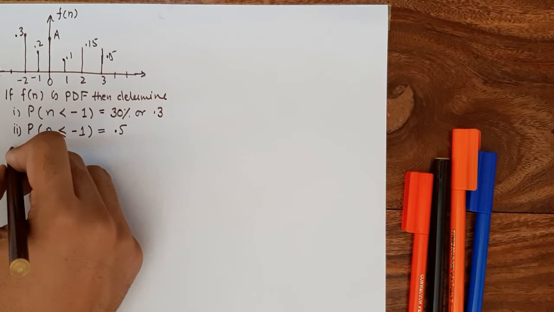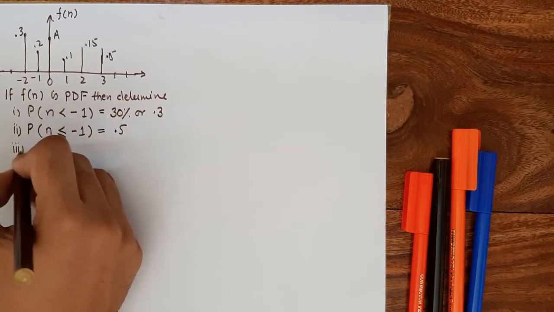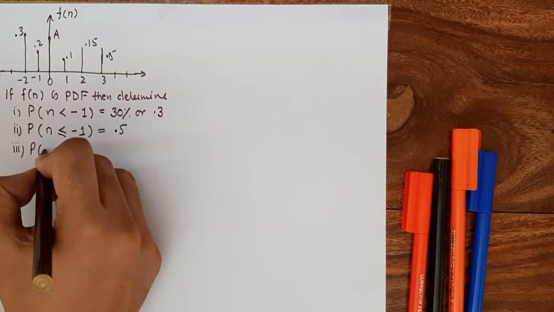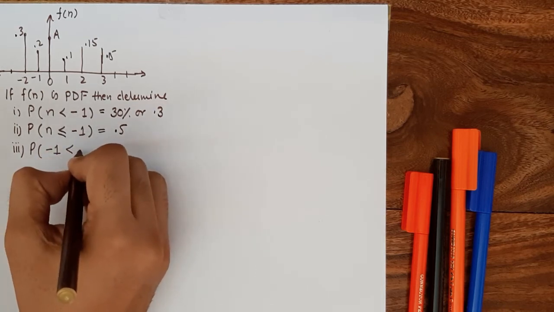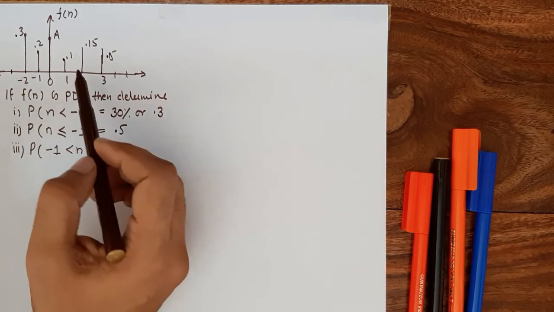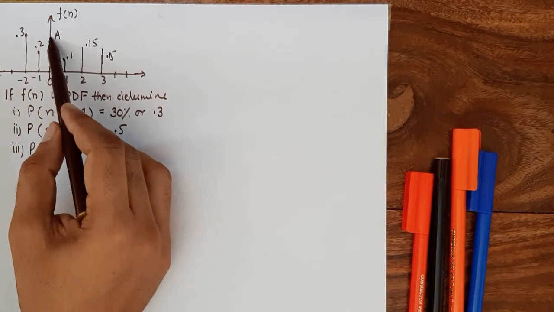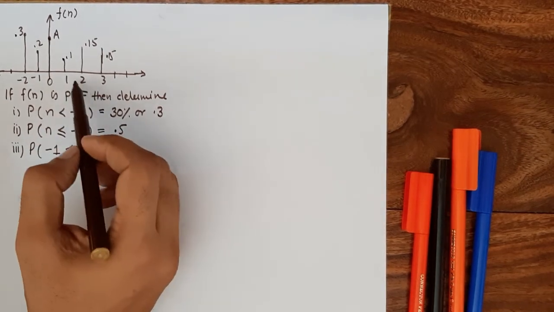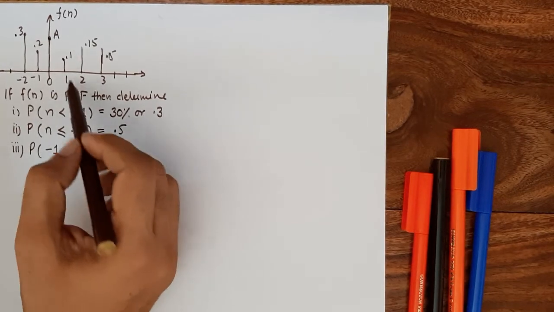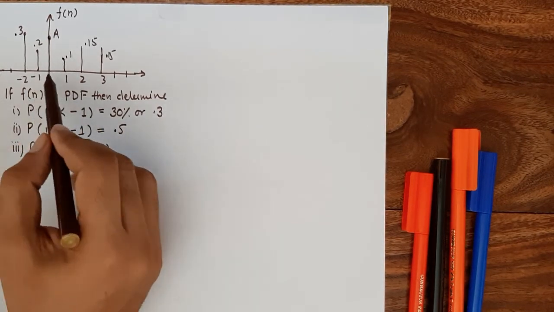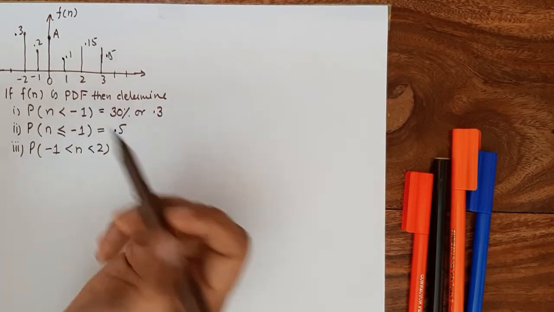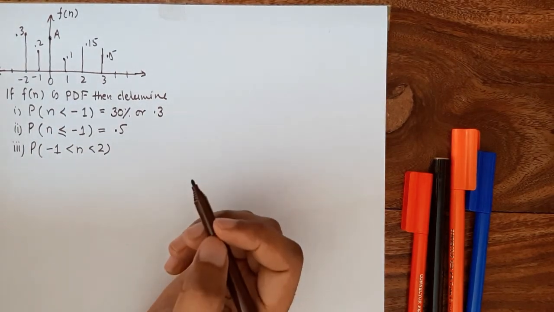So if we were to calculate the probability of this function between -1 and 2, we simply need the value of a, and n should be less than 2, so 1 will be included, and n should be greater than -1, so 0 and 1 are required here only.